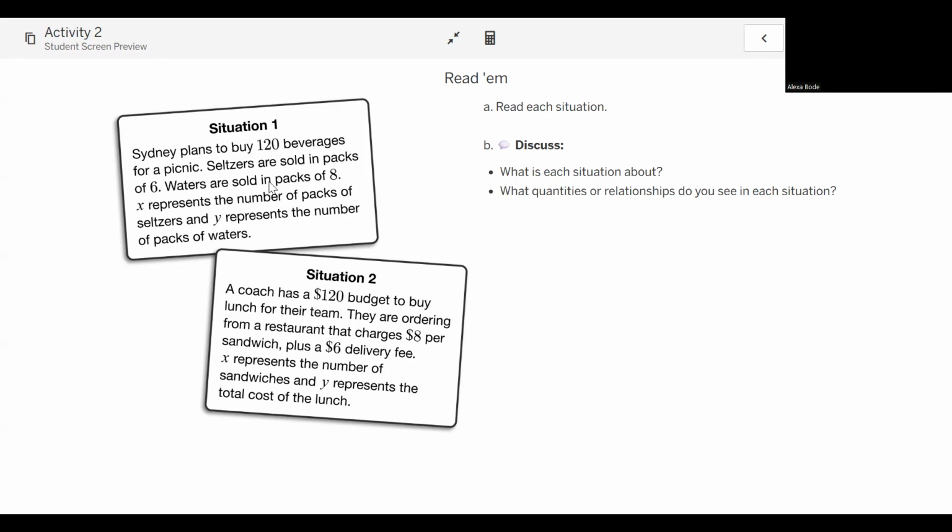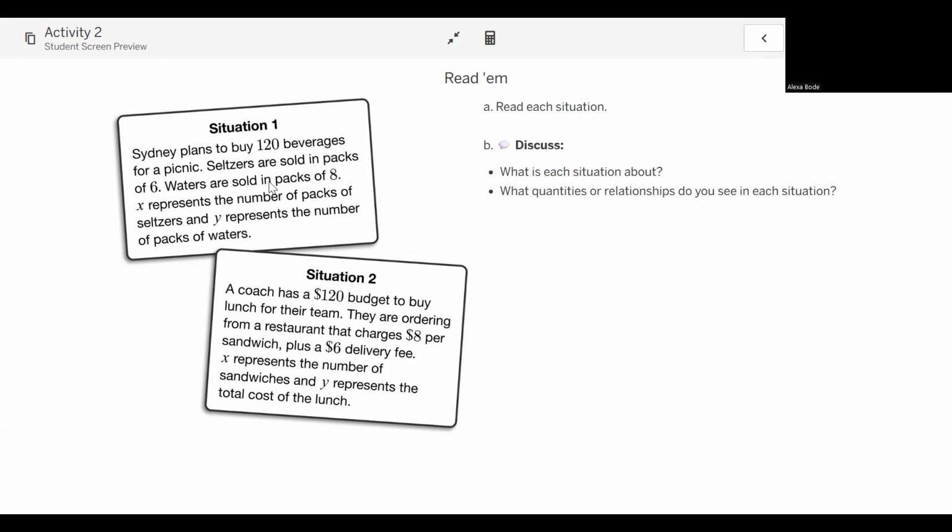We have 6 seltzers per pack, and we have 8 waters per pack. Situation two, a coach has a $120 budget to buy lunch for his team. They are ordering from a restaurant that charges $8 per sandwich plus a $6 delivery fee.